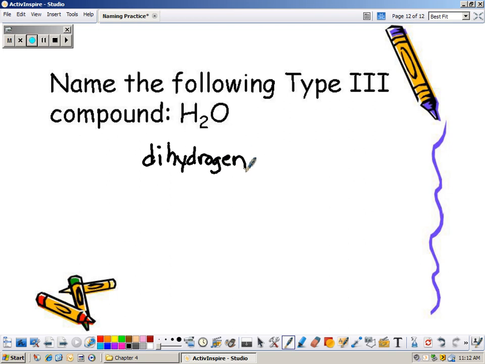So remember, the only prefix you don't use for the first nonmetal is mono. Every other prefix you do use. So dihydrogen, and then you have one oxygen. So for the second nonmetal, you always use a prefix. So mono for one oxygen, and change oxygen to oxide. So prefix on the first nonmetal, prefix and suffix on the second nonmetal.